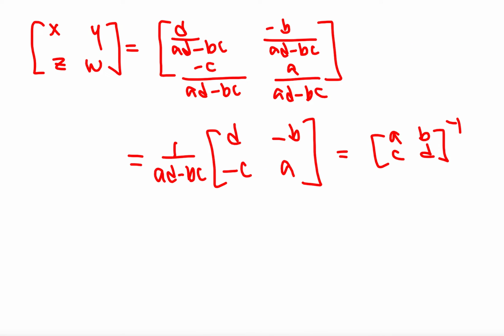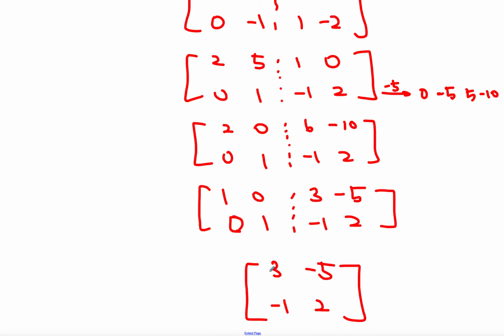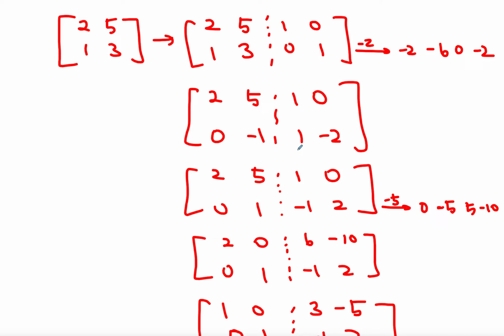So we now know the formula for how to do it, or you can use the row operation to find it. Row operation, in fact, is very manageable, even for a 3 by 3, even though it's a little annoying to finish the long question, but you can get the answer.